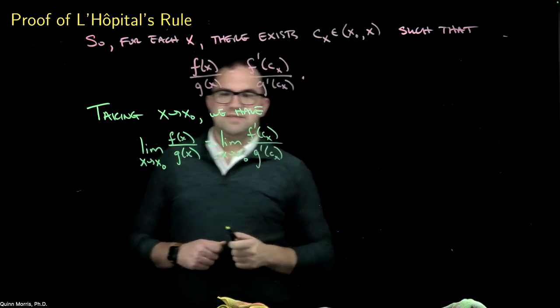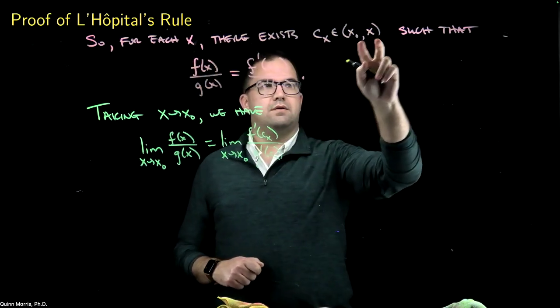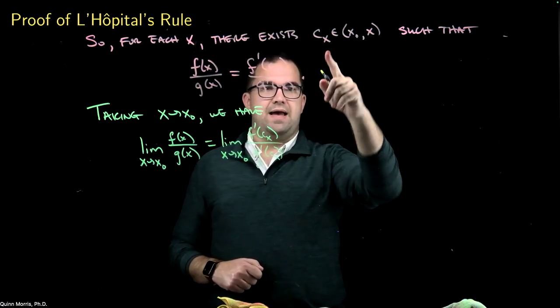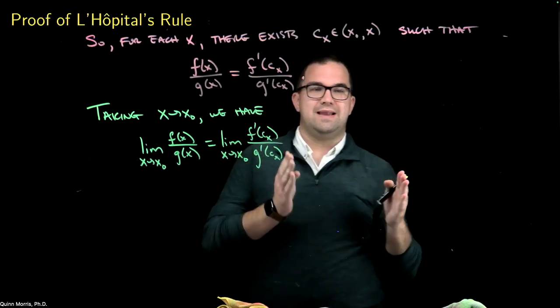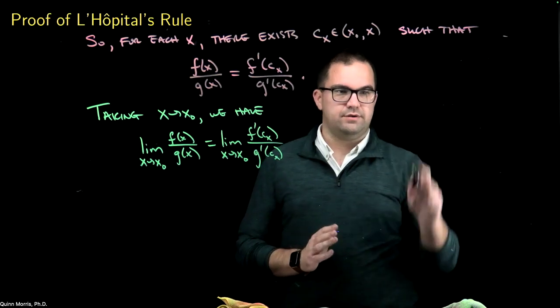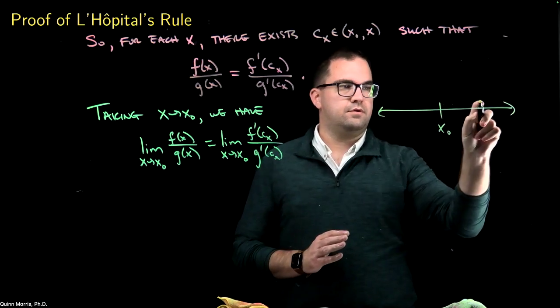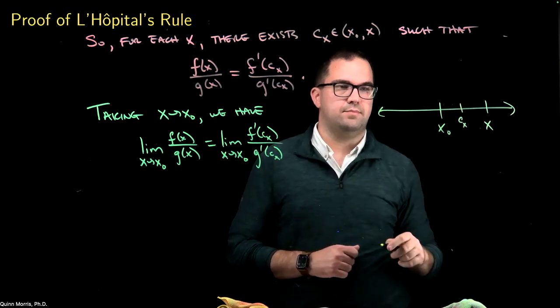Well, let's think about what's happening as x goes to x naught. This interval is collapsing. And c sub x, which is changing for every x, is trapped between x naught and x. So you can imagine you have x naught here, you have x here, and you have c sub x trapped somewhere in between.